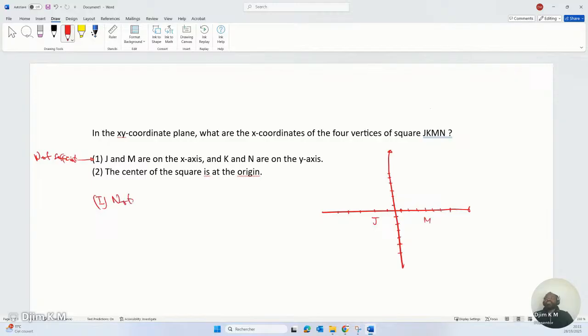Not sufficient because of many possibilities. So we do not have enough information to determine the coordinates of these vertices.